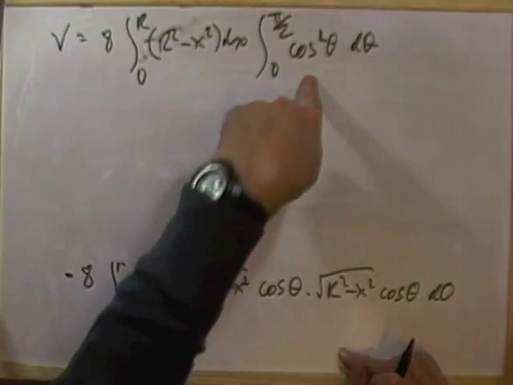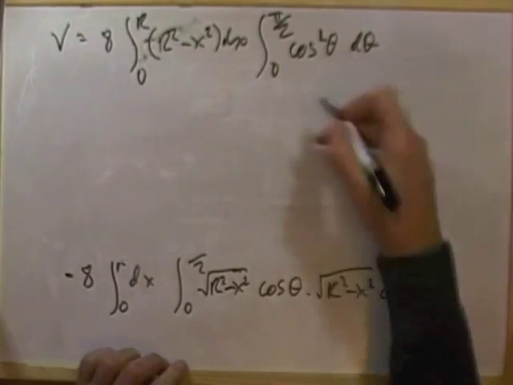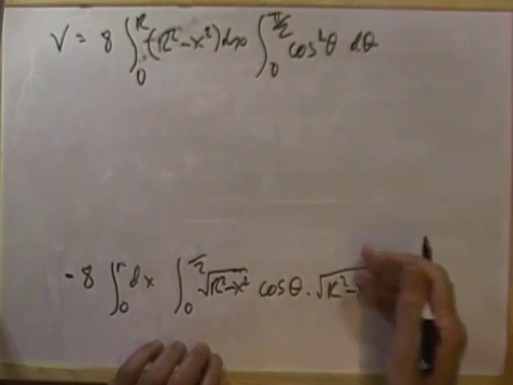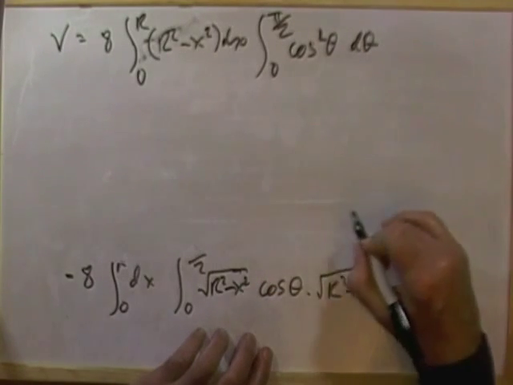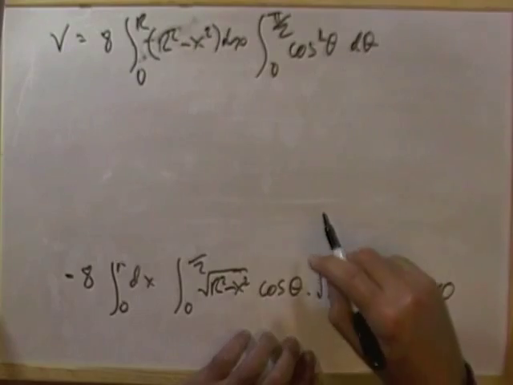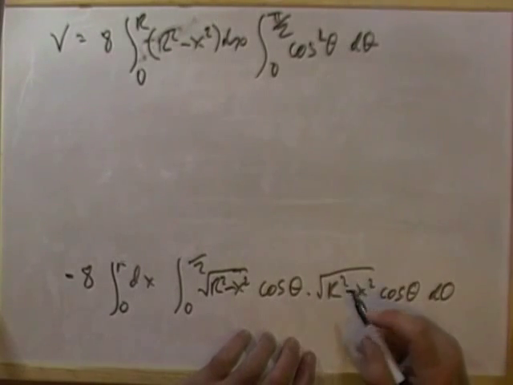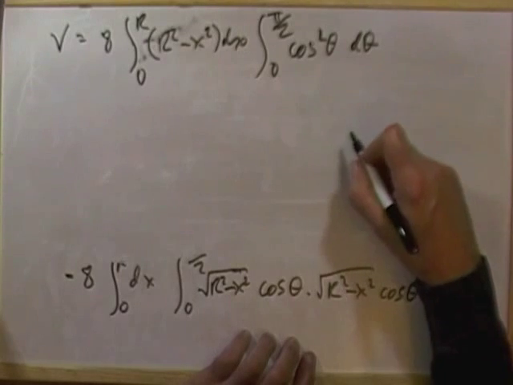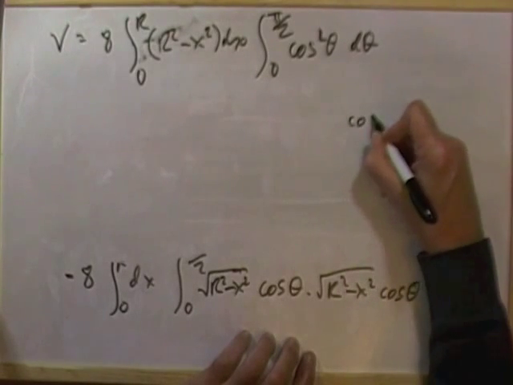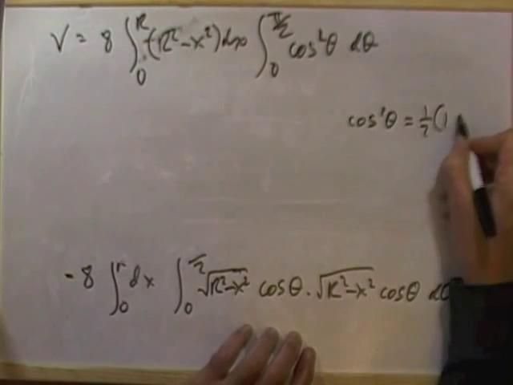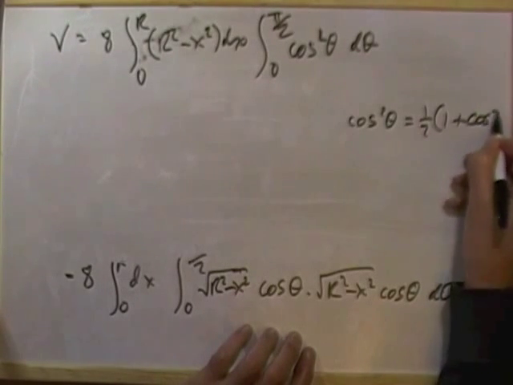And yes, you could use a wee beta function there, just to form a little fraction and get rid of that straight away. But since we've got the trig things out to play, let's let them play a little bit longer. Cos squared theta, you can rearrange back to a linear function of theta just by using the double angle formula: cos squared theta equals a half of 1 plus cos 2 theta.